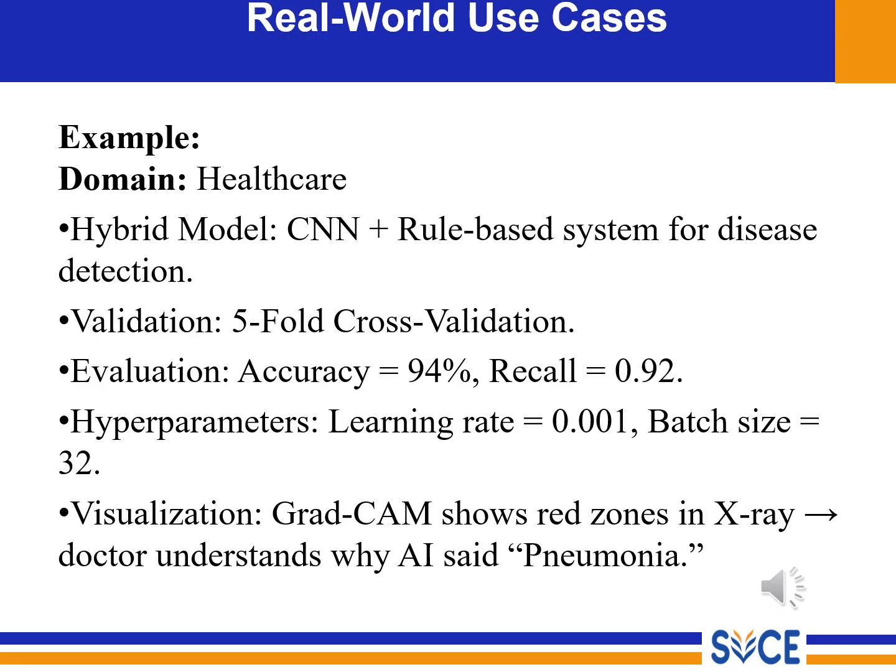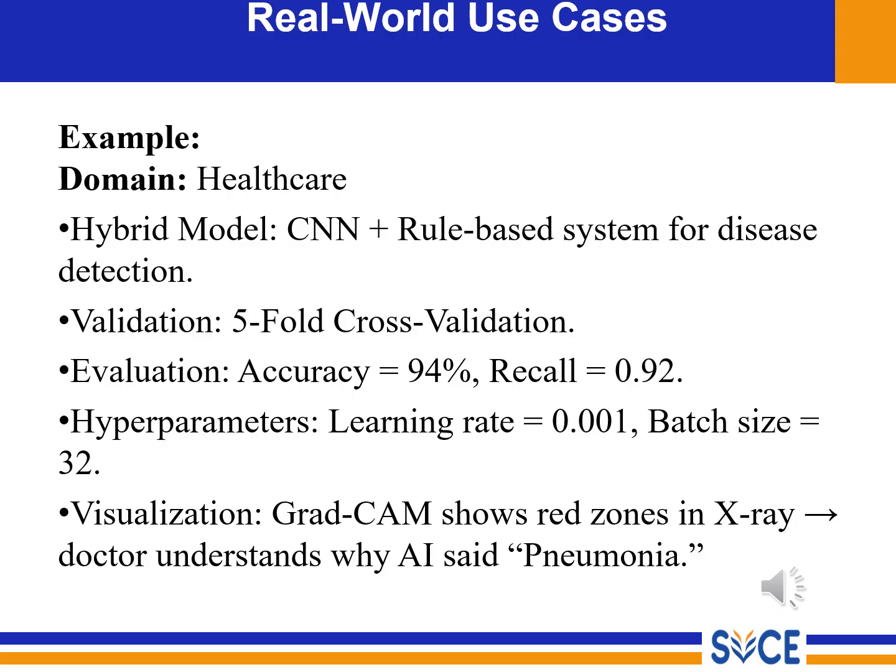Now students, to understand everything, let us use one example. For the healthcare domain, a hybrid model: CNN plus a rule-based system. The validation is five-fold cross validation. The evaluation is accuracy equal to 94%, recall 0.92.